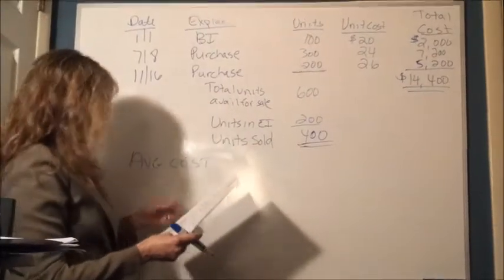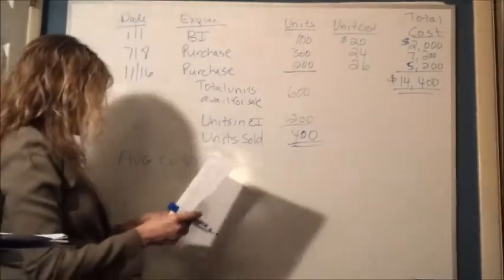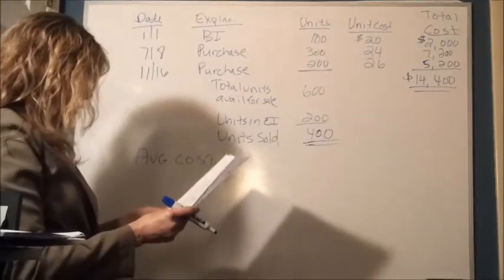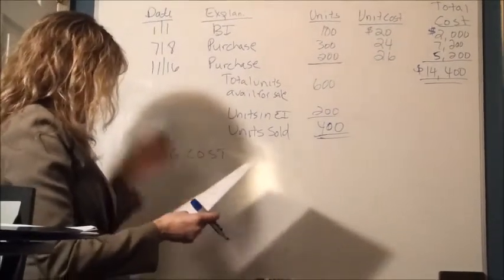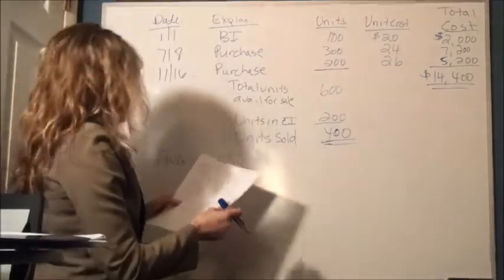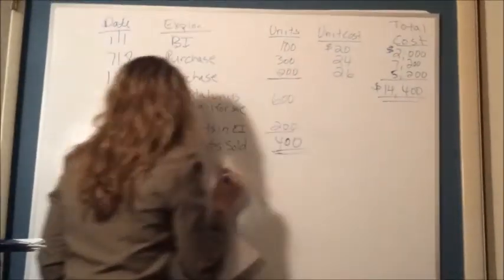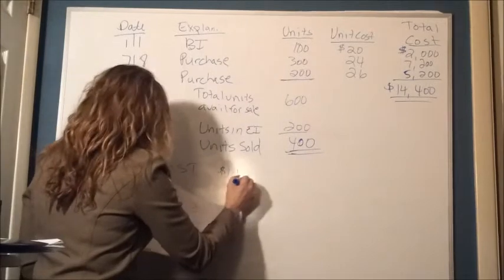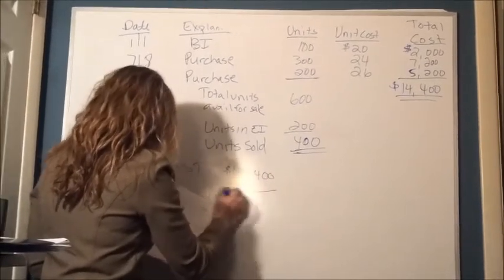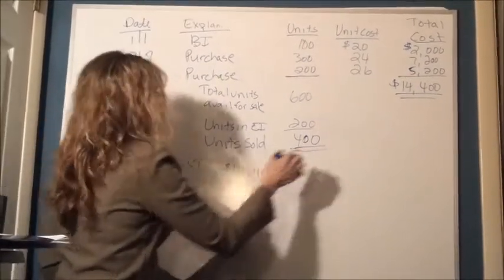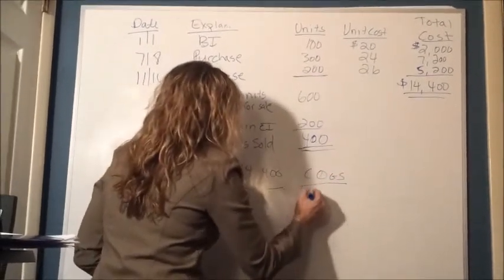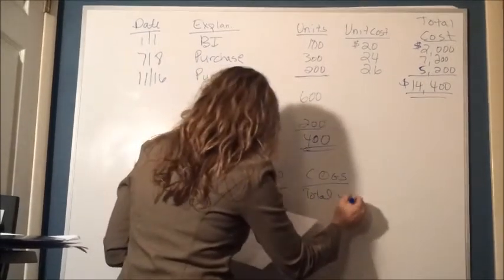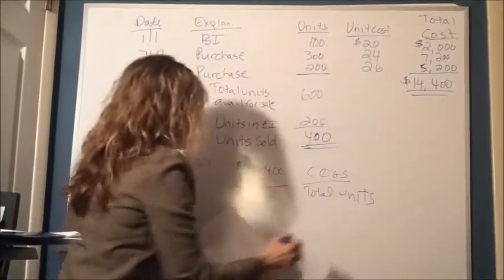Okay, average cost is the next one we're going to do, and again, we're still doing this under the periodic inventory system. What we're going to do here to determine our average cost is look at our cost of goods available, $14,400, and divide that by the total units that were available.